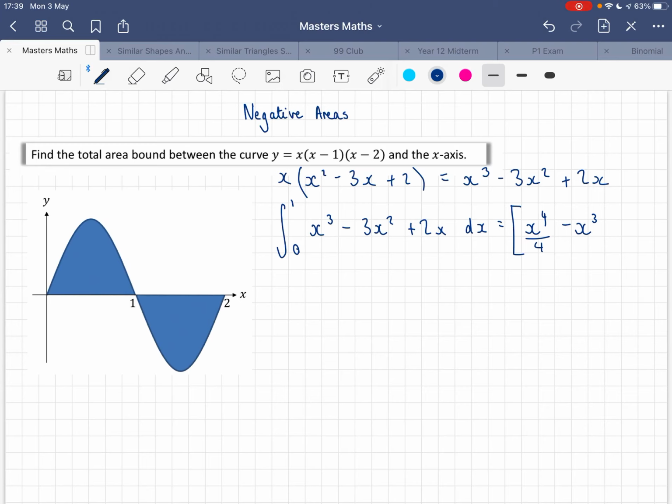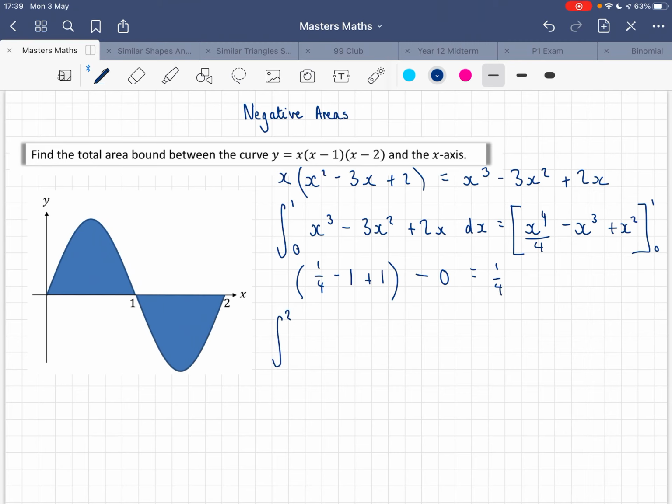X squared divides with the 2, leaving me with just x squared plus x squared. And again, I'm going to integrate that between 1 and 0. That gives me 1/4 minus 1 plus 1 minus 0. I substitute in 0, so that's just 1/4.